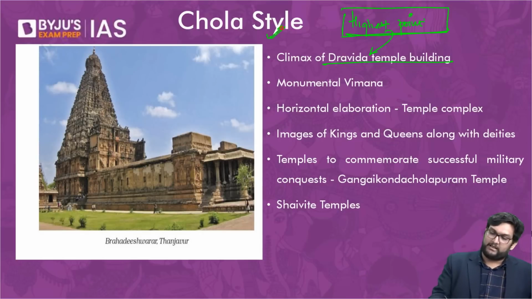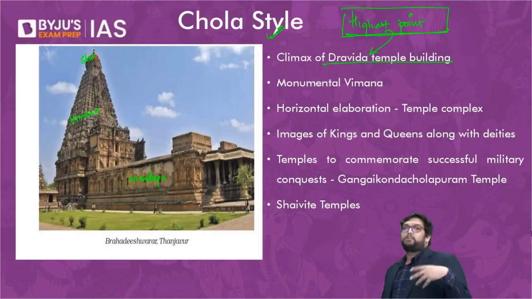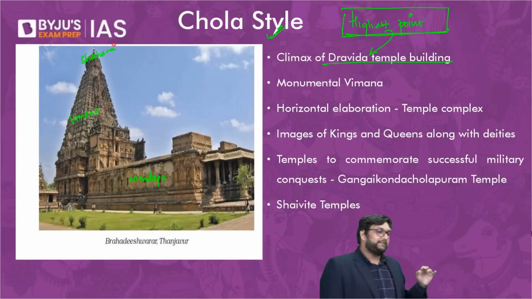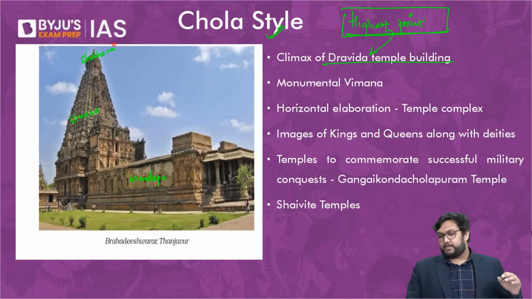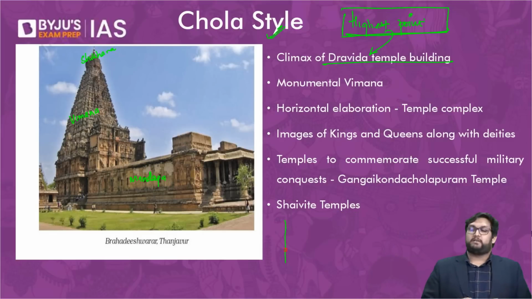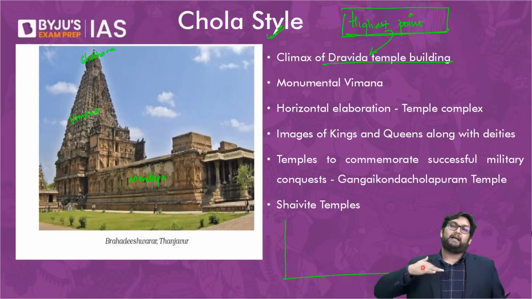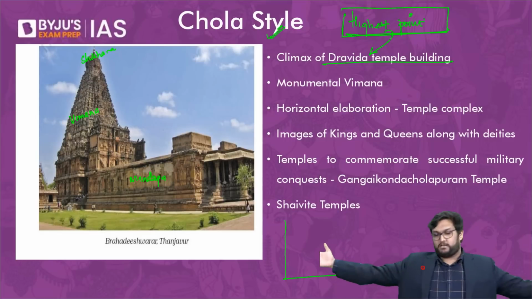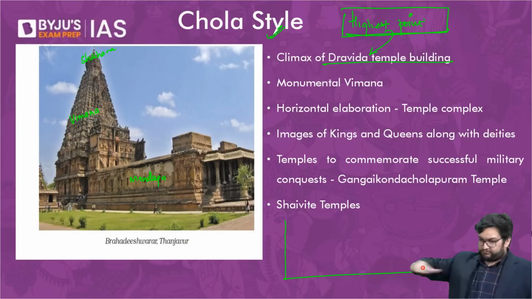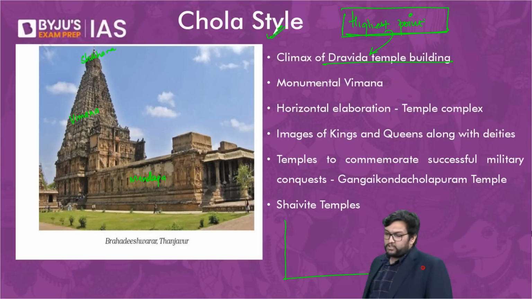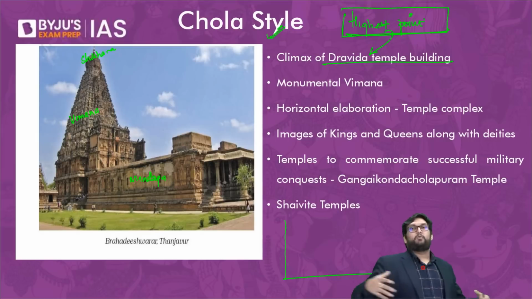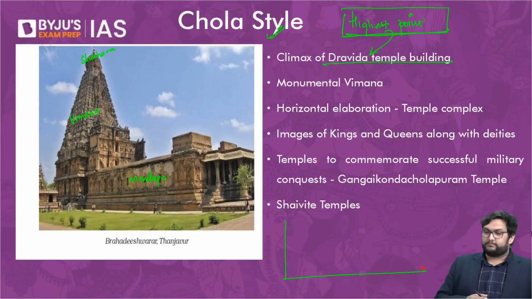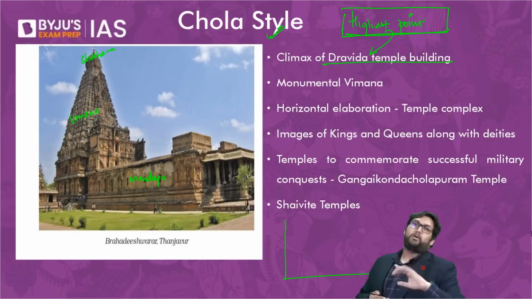Here you can see that the mandapa and the Vimana and the Shikhara are at a different level altogether. And they had a very simple point. If the Vimana is big, they will make the temple also equally big, which is called horizontal and vertical elaboration. The bigger the Vimana, the bigger the mandap section itself, to make it bigger and more impressive.